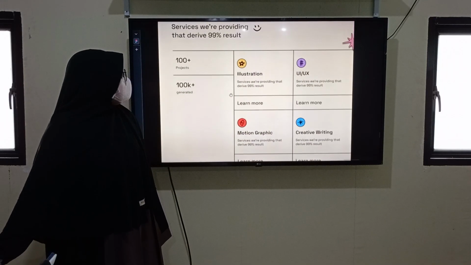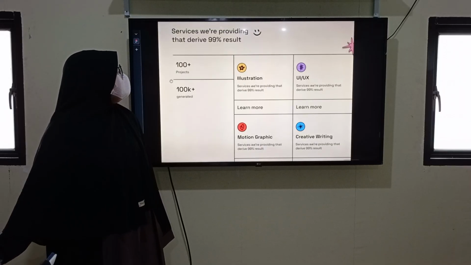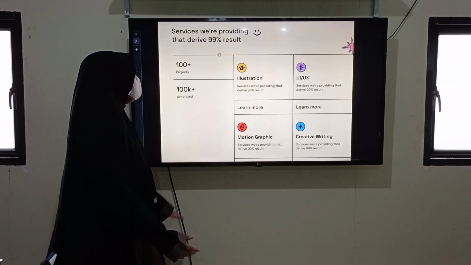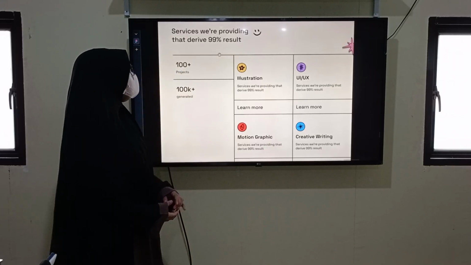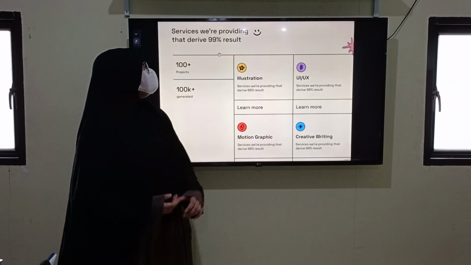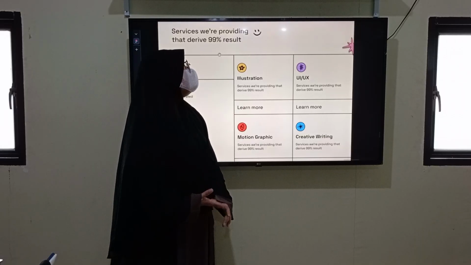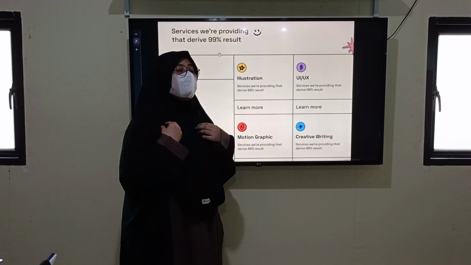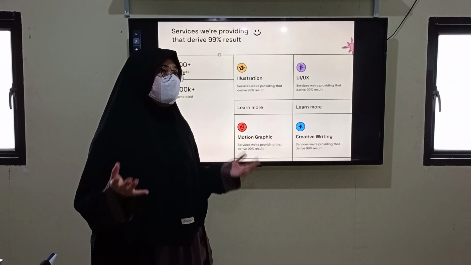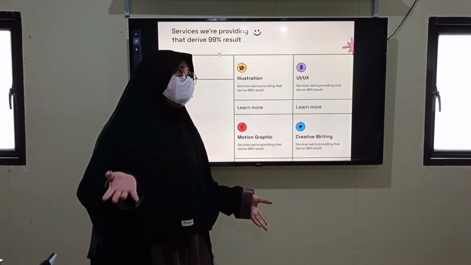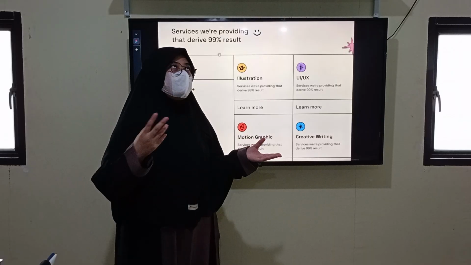Now, in this section, there is a text saying the services I'm providing derive 99% results. So I'm going to assure the user that yes, my designs get 99% results.